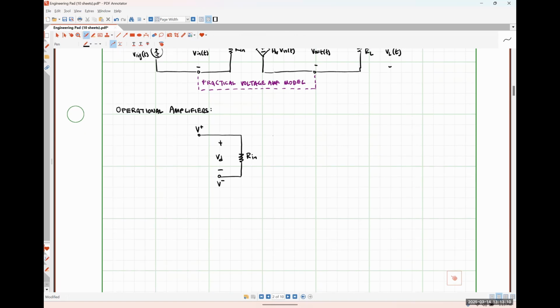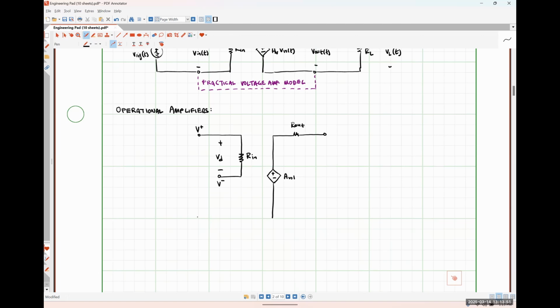Then over here on the right, I'm going to deal with the output side of our model. So this is that dependent source. I'm going to give this guy a name, AVOL. Okay. So this is what's called the open loop voltage gain of our amplifier. This is something that is available on our data sheet, things like that. Okay. And then that's going to be in series with the output resistance R out, like so.